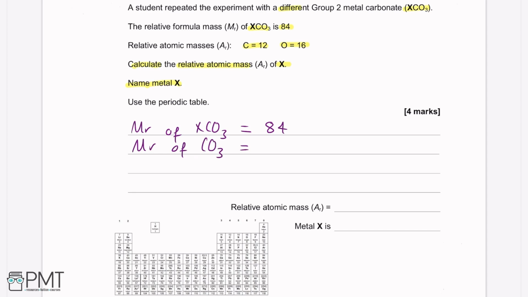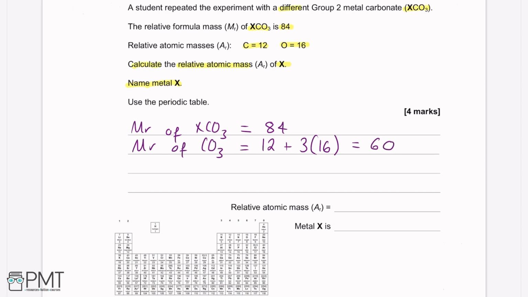And I can work that out by using the relative atomic mass of carbon, which is 12. And we're told the relative atomic mass of oxygen is 16. Now notice it's CO3, so we need 3 oxygens. Okay, so the Mr of CO3, if you put that in your calculator, ends up being 60.